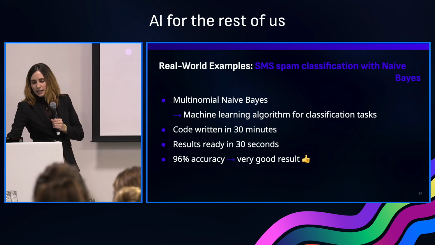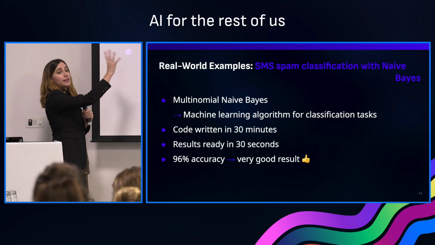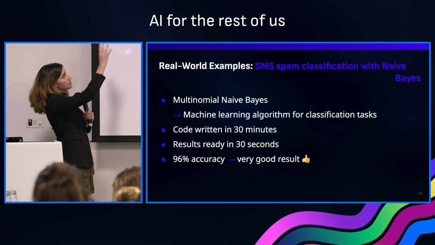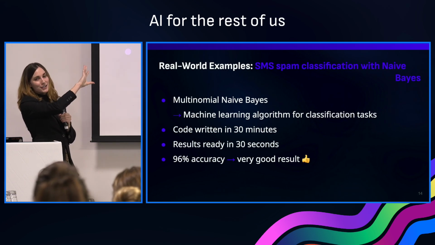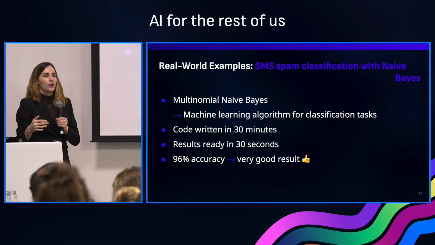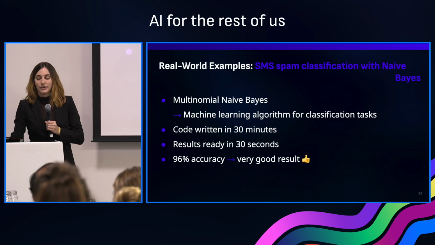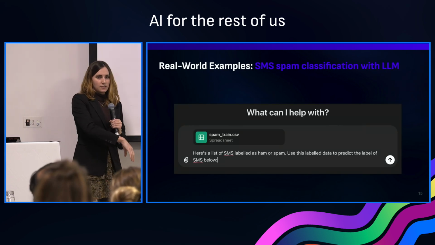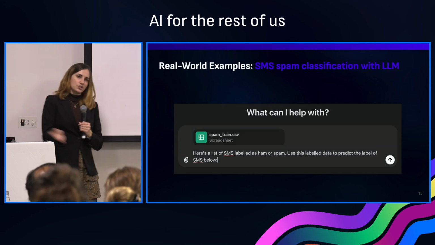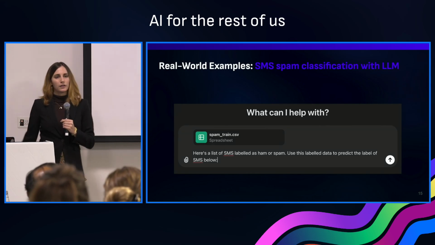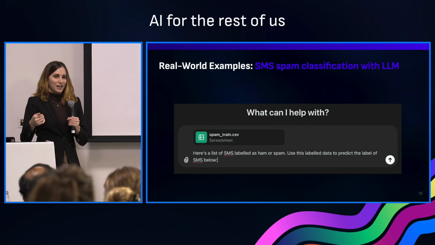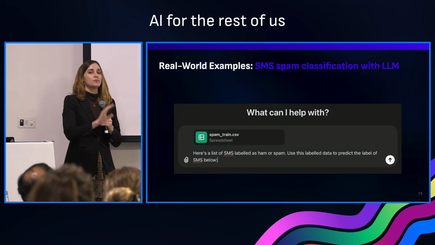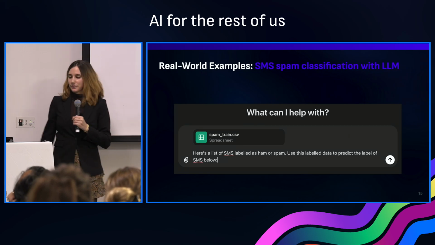And then I took this and threw it into ChatGPT and tried to figure out what it does. So this is basically now the non-LLM solution, right? I took this multinomial naive Bayes classifier to solve this problem, but then I wanted to figure out how an LLM fares in comparison to that. So I took some of these SMS with their label and threw it at ChatGPT and was like, okay, now build me something that can predict on an SMS without a label if it's spam or not spam.